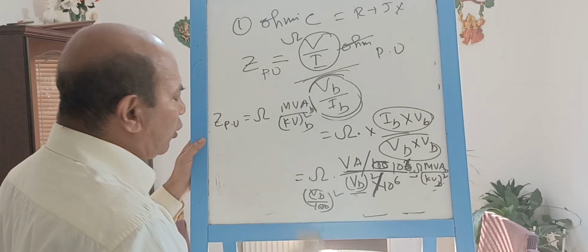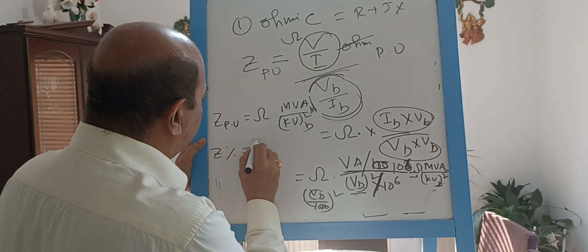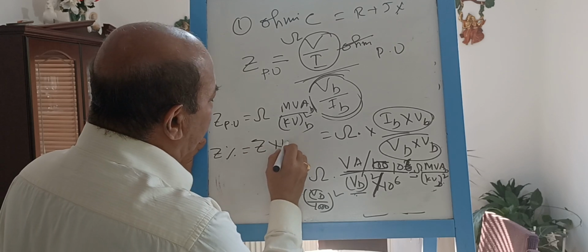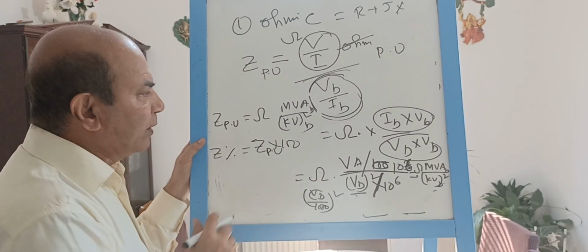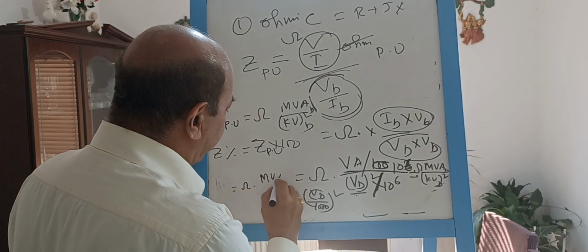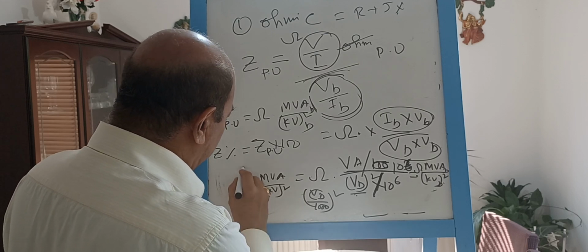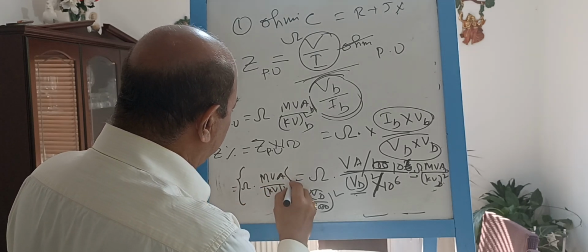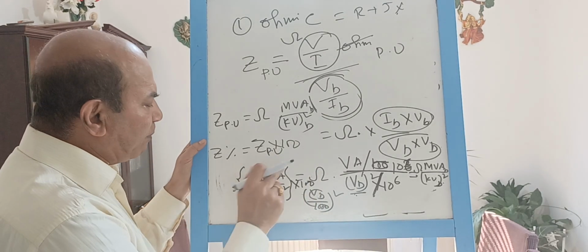Once we get the per unit value, then we can calculate the percentage value. Z percentage equals how much? Z per unit into 100. That means ohm into MVA by kV square, the whole into 100, is equal to the percentage value, Z percentage.